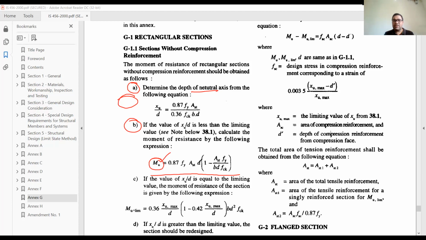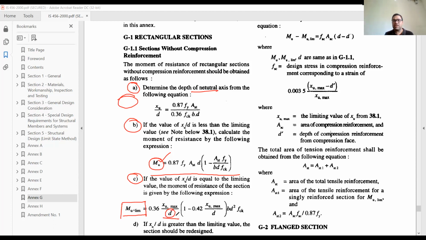But as I said earlier, we will equate our section to a balanced section and then find the value of D. For that, we will use the formula given in point C, which is called MU limiting, or moment of resistance of a balanced or over reinforced section. This formula is generally used to find the moment of resistance of a balanced section, so we will use it to get the value of D.